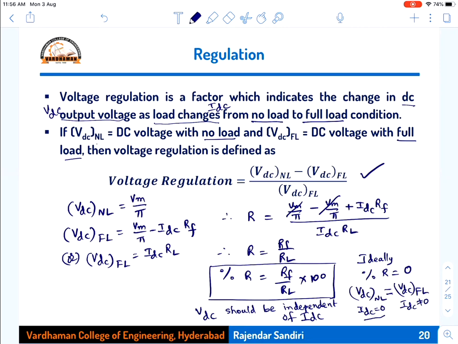Whether IDC is 0 or not, both voltages should be the same. If both are the same, the numerator will become 0. The denominator, VDC full load, is IDC into RL, with some current flowing, but the numerator is completely 0, so 0 by IDC into RL is 0. So ideally the regulation should be 0, or practically very close to 0. That will be your best regulation value.